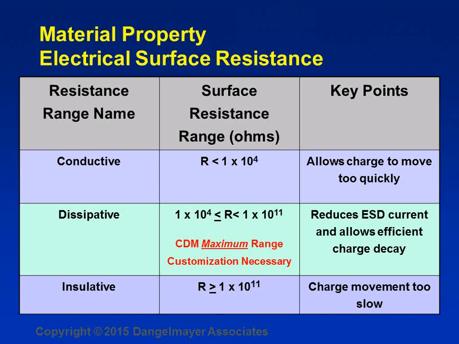For extreme sensitivities, you want to narrow that range into the sweet spot, which is typically 10 to the 6th to 10 to the 9th. This material property allows you to safely, reliably, and cost-effectively minimize discharge currents and protect your product.